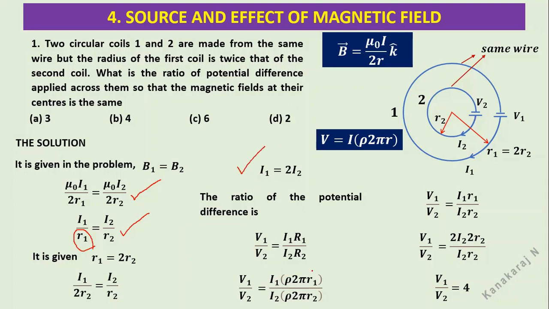The next one, you have to come up with V1 by V2 equals I1 R1 by I2 R2. This is the next formula to be remembered, so that all the previous answers are substituted here to get V1 by V2 equals 4. So within half a minute, you can solve this problem. All the best. Thank you.